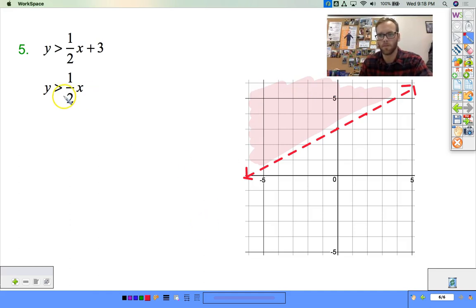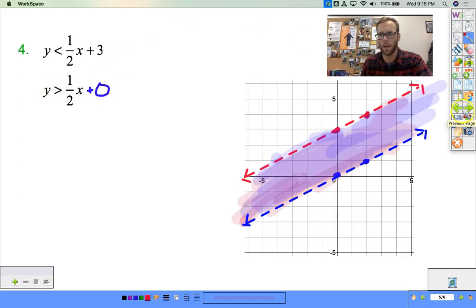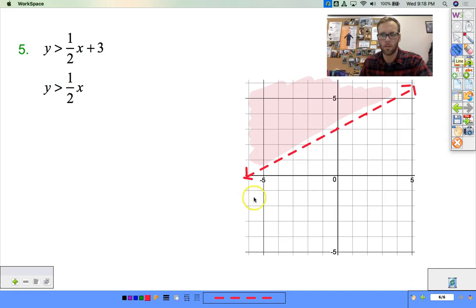This one, we're shading above as well. That's exactly like what we had before. Y-intercept is 0, slope of 1/2. And we're shading above.